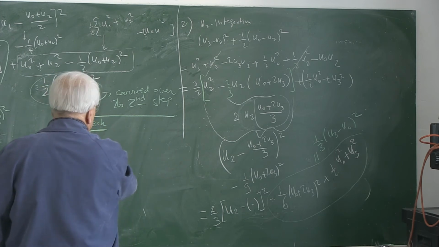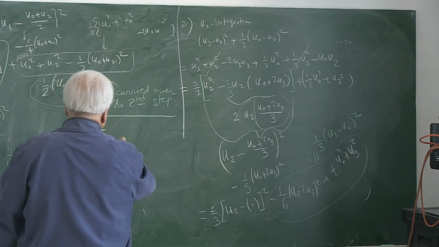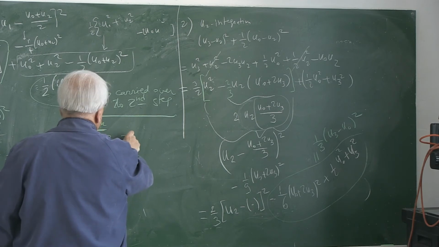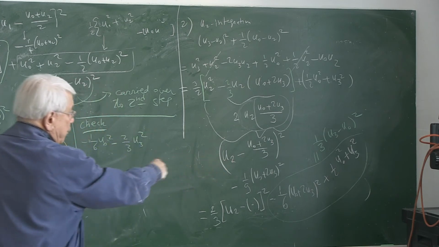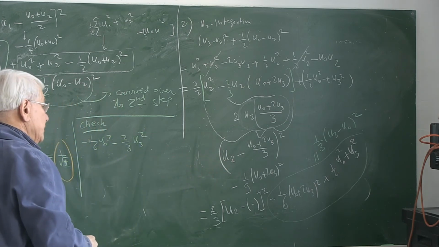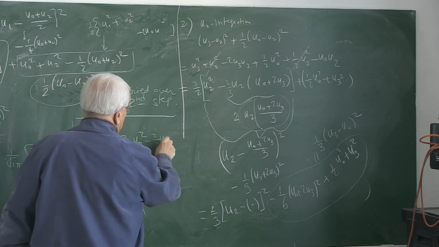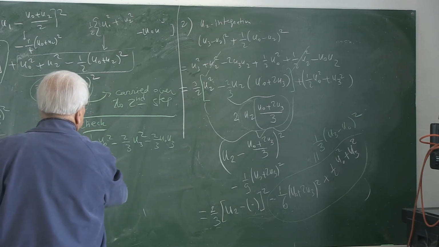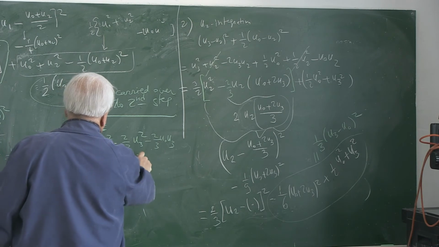Minus 6 u0 squared, 4 u3 squared divided by minus 4 by 6, 2 by 3, u3 squared. There is a 4 and again 6, 2 minus 2 by 3, u0, u3, plus 1 over 2 u0 squared plus u3 squared.